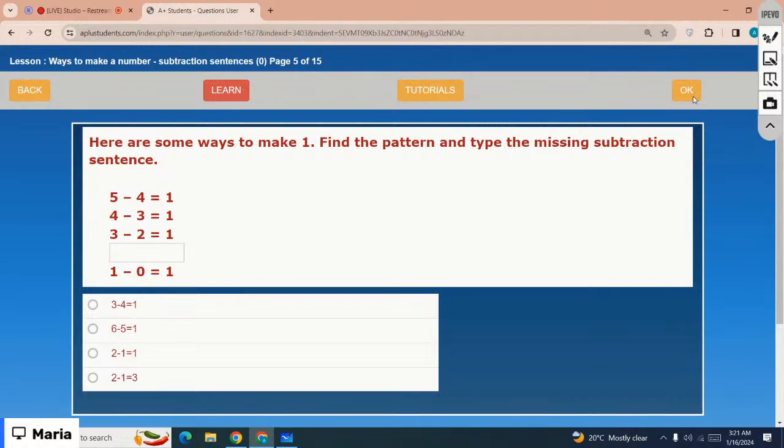The correct option is, yes, that is 2 minus 1 equals 1. The correct option is 2 minus 1 equals 1.